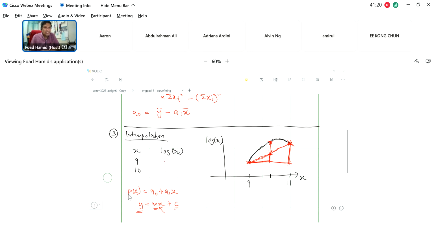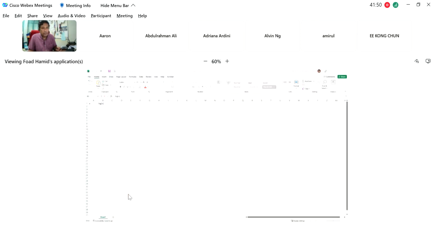Okay, so what we are going to do here is, this is our x, this is log of x. Let me share my screen first. Let me zoom in.